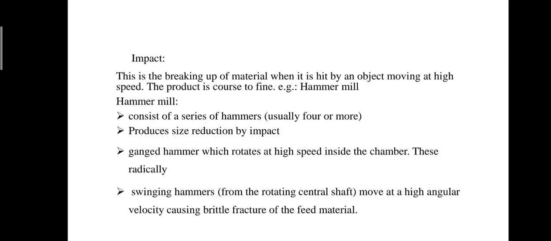The materials to be milled are struck by these rectangular pieces of hardened steel, ganged hammers, which rotate at high speed inside the chamber. These radially swinging hammers from the rotating central shaft move at a high angular velocity, causing brittle fracture of the feed material.